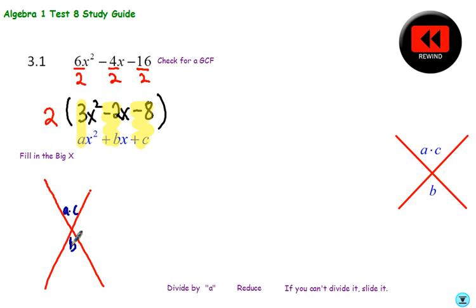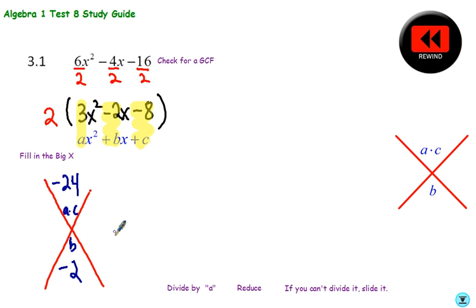So A times C would be 3 times negative 8, which would be negative 24. And then our B is negative 2. And the way this thing works is that you're looking for two numbers that multiply to the top. And we want those same two numbers to also add up to the bottom.